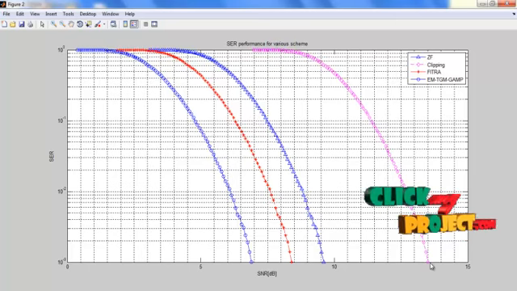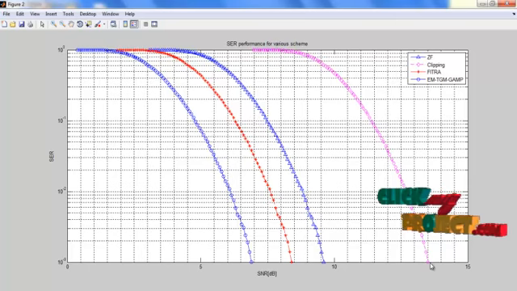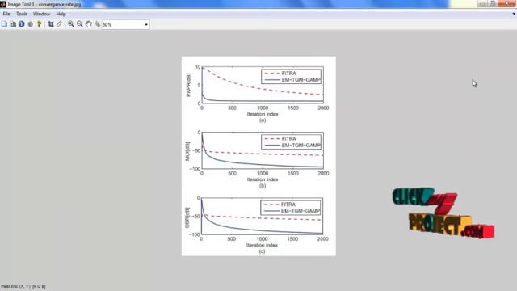Hence, from our SER performance graph, we have analyzed that the signal to noise ratio for our proposed EM, TGM, GAMP system is very low and hence it works with low computation latency.